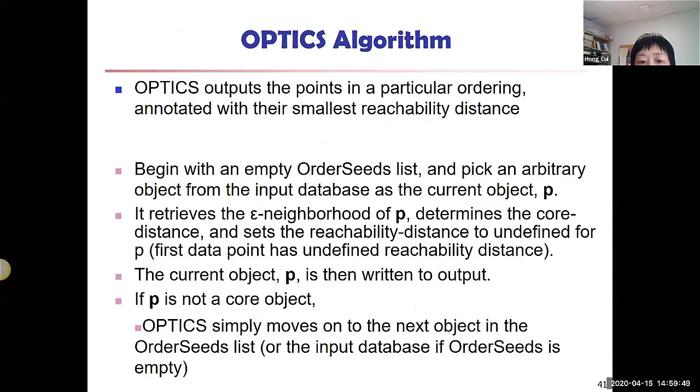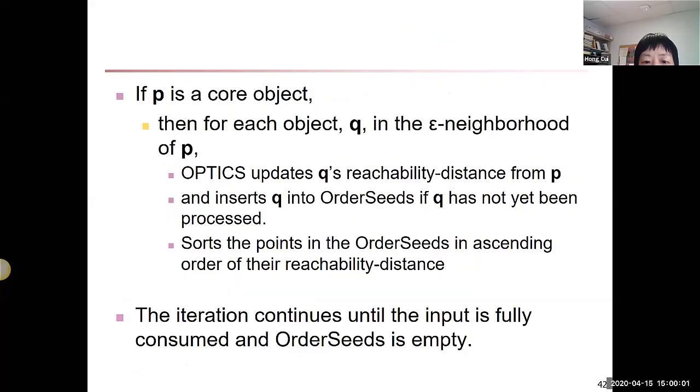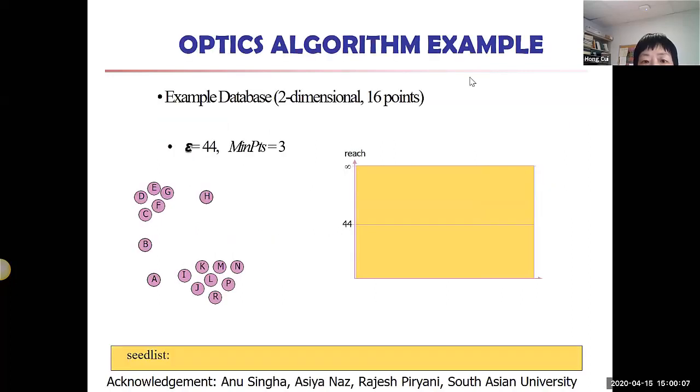Okay, so at this time you are probably still wondering why do we need to know that? How do we apply those? So I'm going to run this hand-controlled animation. With reachability and core distance in mind, we can start to look at this example. We have this data set.